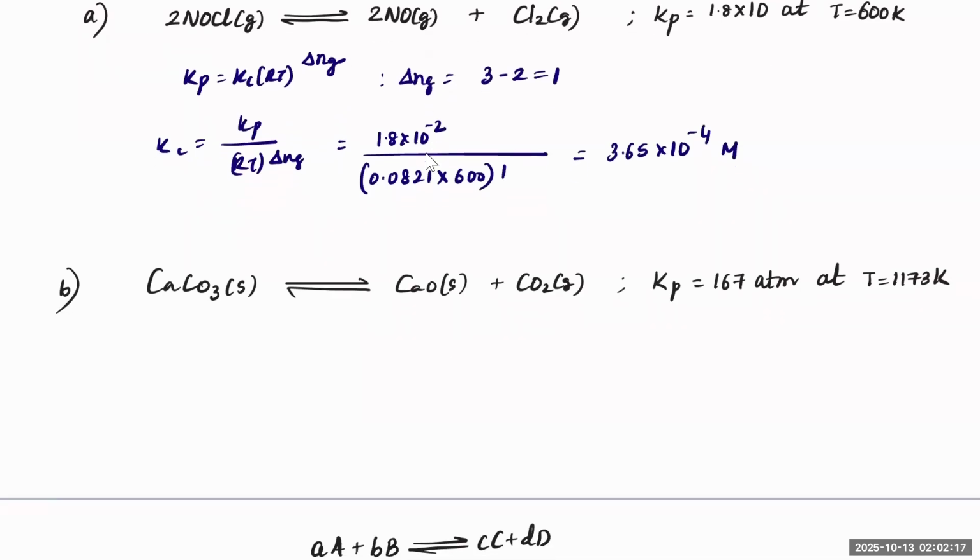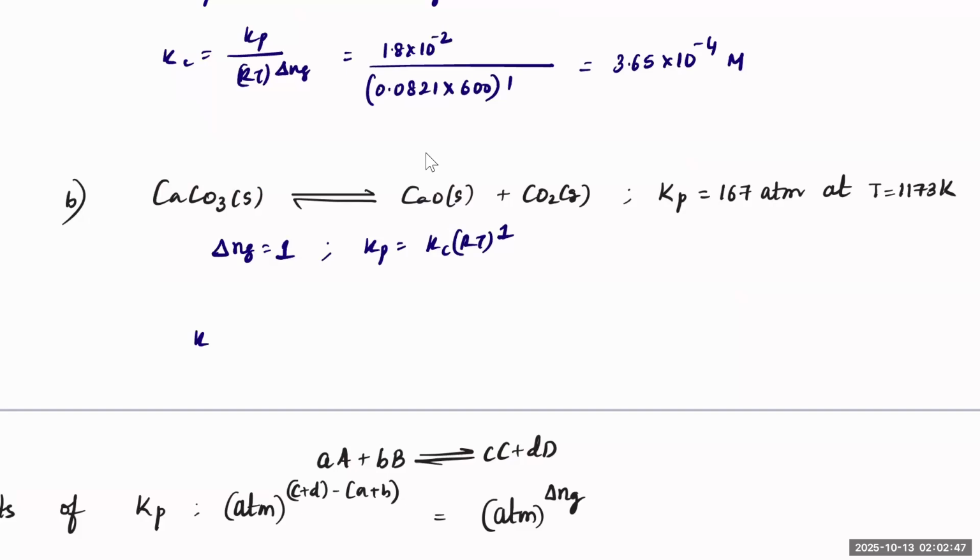Same way, see the second one. Calcium carbonate is giving calcium oxide and carbon dioxide. In that case, delta Ng is how much? Delta Ng is 1 because this is solid and solid. We should only see delta Ng for gases. So therefore, Kp is equal to Kc, raised to power of 1.